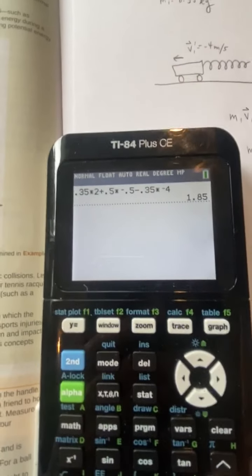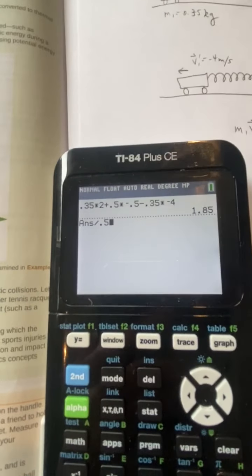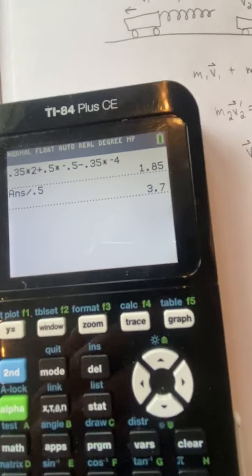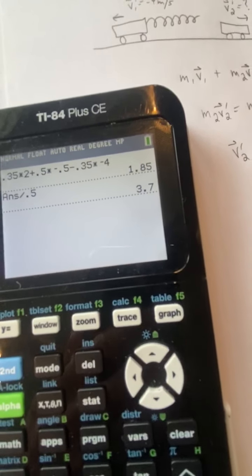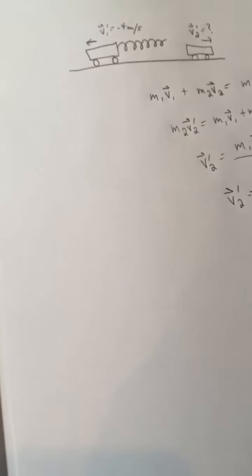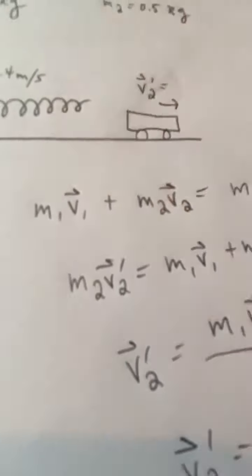Then we're going to divide by m2. Now m2 is 0.5, and so we get that v2 prime is 3.7 meters per second. So we can fill that in here too if we want.